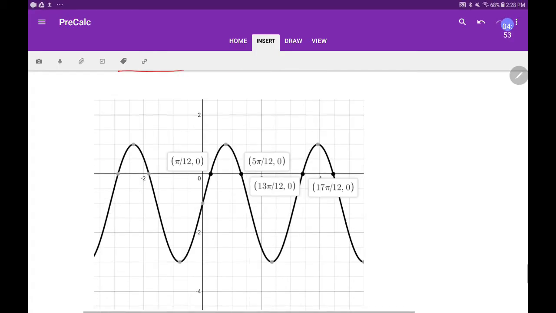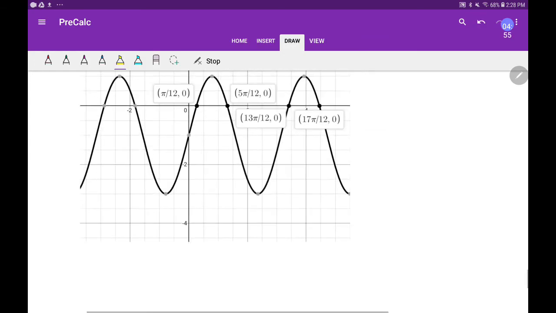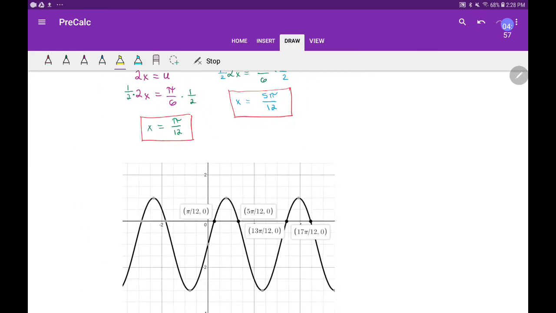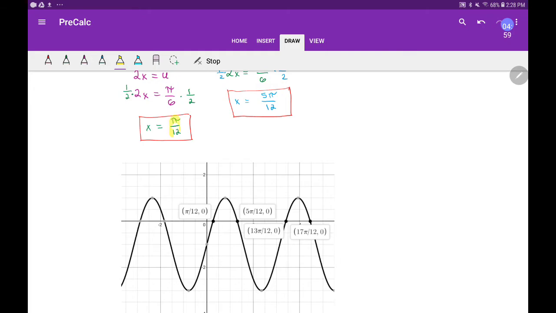And so here we are. And we can see that, yes, indeed, pi over 12, there's 1. And then here's 5 pi over 12 right there. There's another 0. And then what's the relationship between the next ones? Well, let's see.